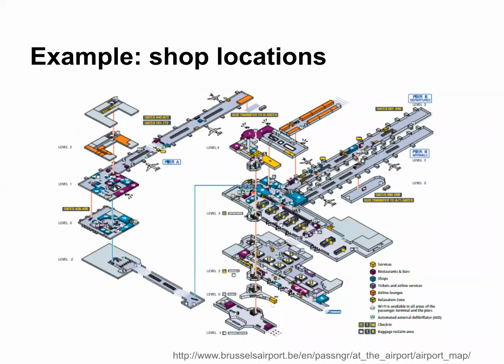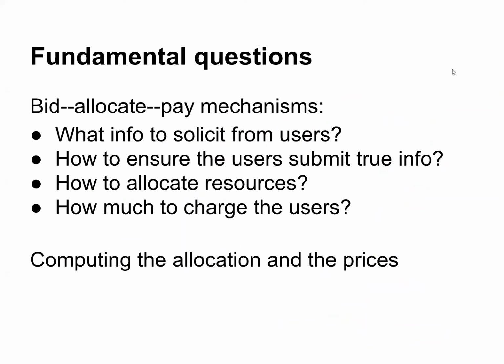Another example, also related to air traffic, because I took an example of an airport, but it doesn't have to be an airport: in a shopping mall, the allocation of different kinds of shops. Where do you put different shops? Businesses may have different preferences with respect to where their shops are located.